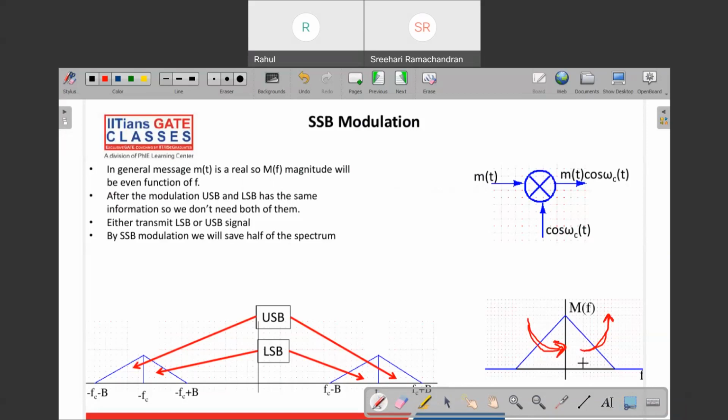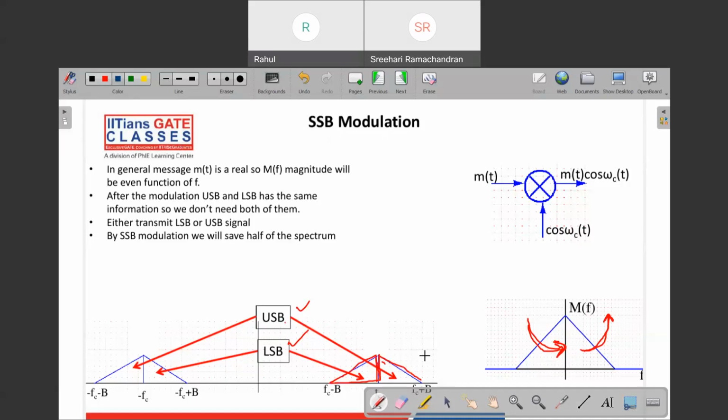So when you modulate it and get this signal where you have both upper sideband and lower sideband, both are pointing to the same information content. So it means that whatever information we have on this side, the same information we have on this side. Okay. And from there, the single sideband modulation concept arises.